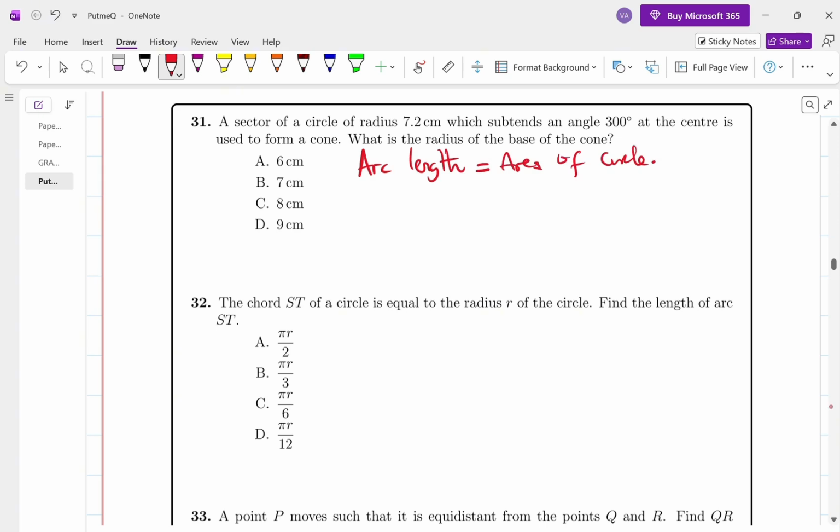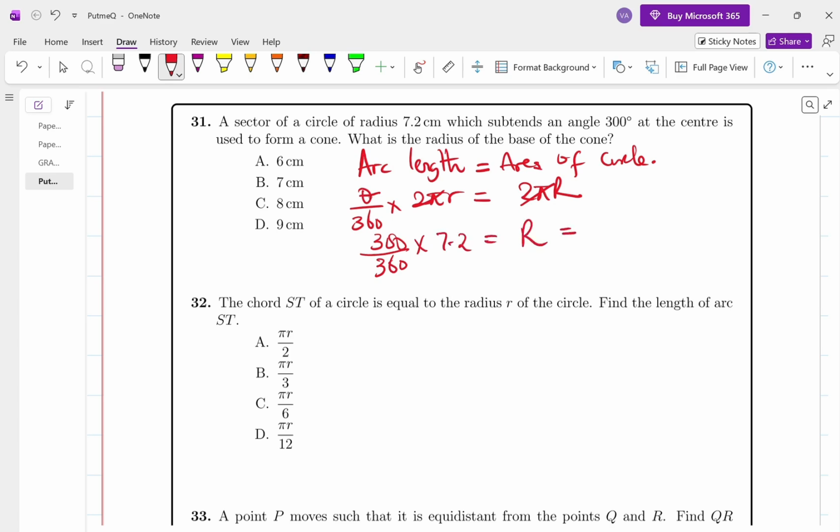So this will be theta over 360 times 2 pi r equals 2 pi r. So 2 pi will take care of 2 pi. So the angle in question is 300. So this will be 300 over 360 times 7.2 equals r.